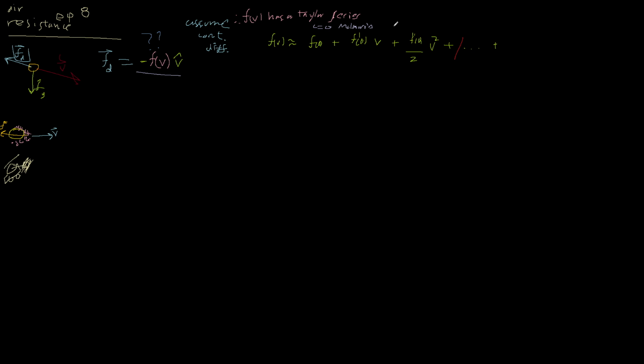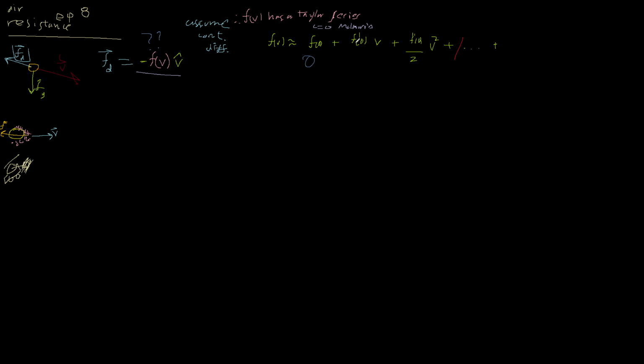Now that we've got these terms, what are we going to do with them? Obviously we can't evaluate F prime because we don't know what those are, and we can't even take F of 0 because that requires us to know what F is. But we can make some simplifications here. F of 0 is equal to 0 because we're not moving, so there's no drag.